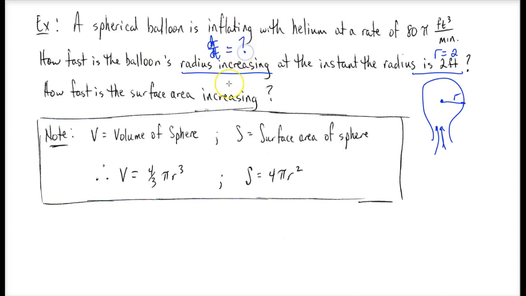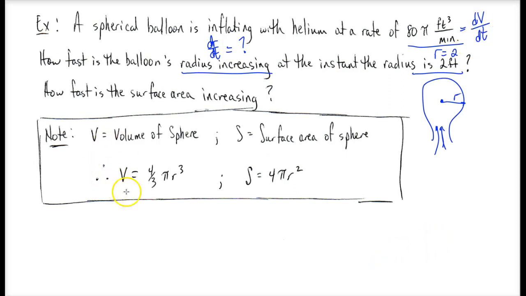That is what we're trying to find out. Okay. So now what we're going to do is take our volume equation, since we are already given the rate in which the volume is increasing, and use that information to help us find out how fast the radius is increasing. And so here, since we know what the rate of volume is, we're going to call this dV over dt.